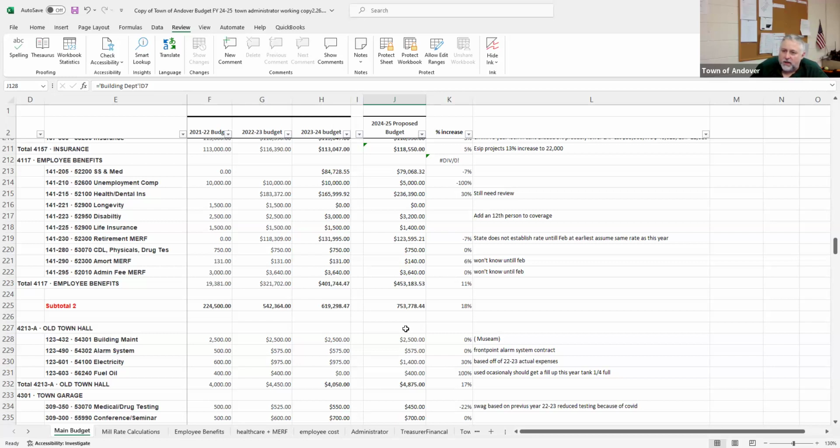So I don't know what it's going to be for next year. All I can do is set it to what it was last year, and hope it stays roughly the same. Which is why you see the reduction in the retirement in MERF. Because remember, we're going to be adding one more person to the retirement in MERF, but we're going down from 18.6% down to like 15.5% for that program.